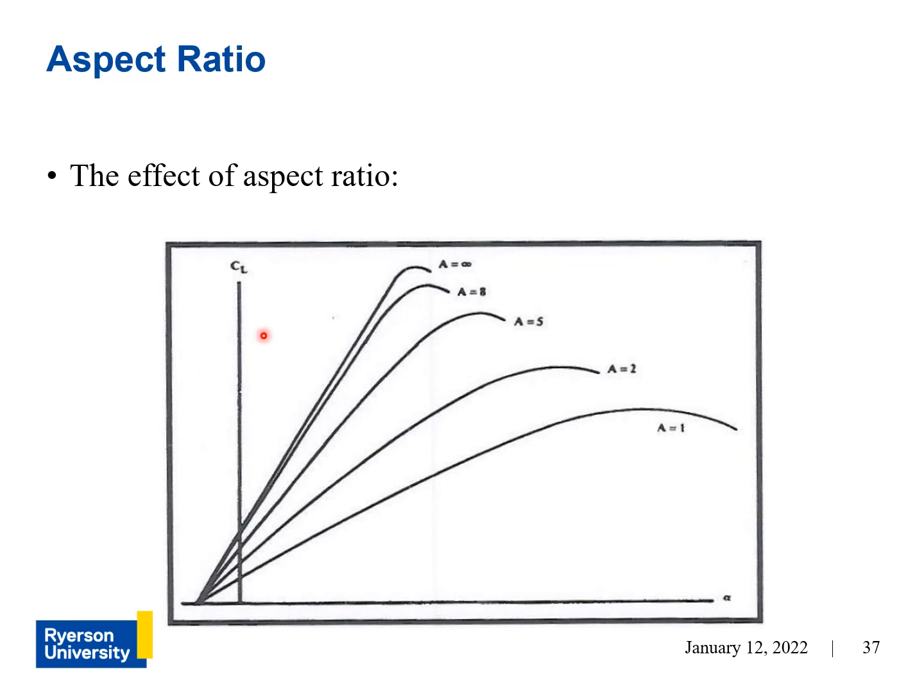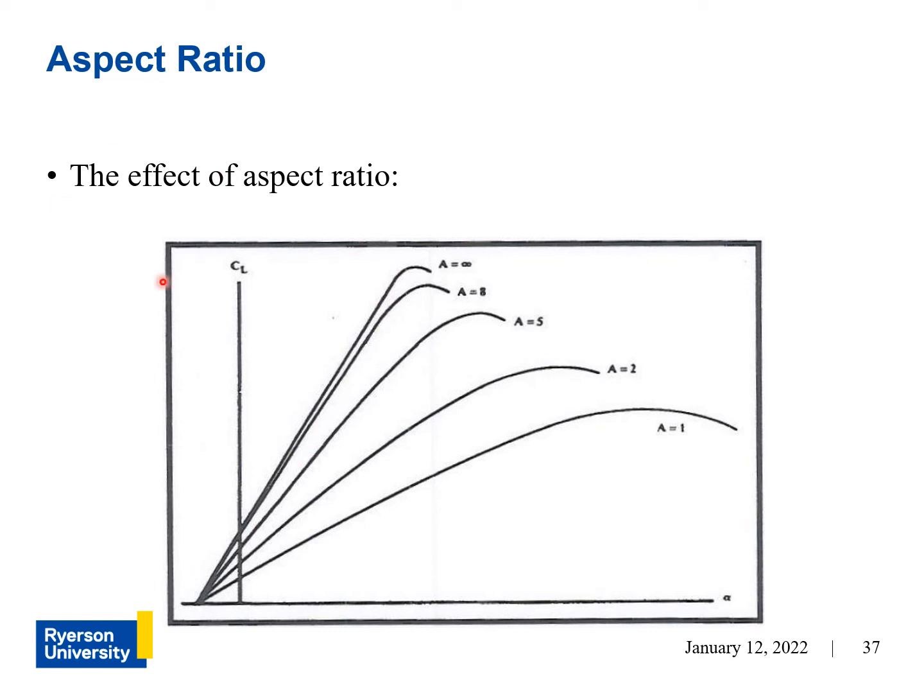And you can see that here in this graph, where a lower aspect ratio wing has a lower slope, and that means at the same angles of attack, its potential to generate lift is much lower than the wings with the higher aspect ratio. And that's because the tips of this wing, let's say, are affecting more of the wing compared to the tips of this wing.